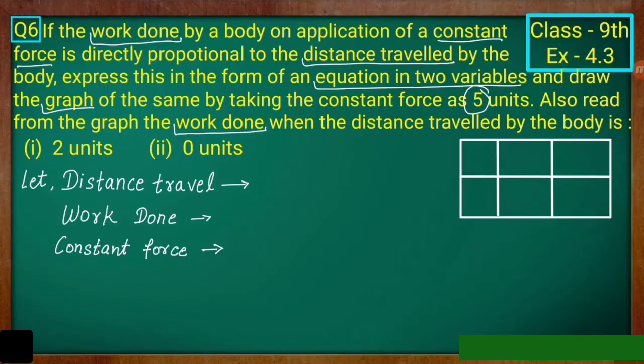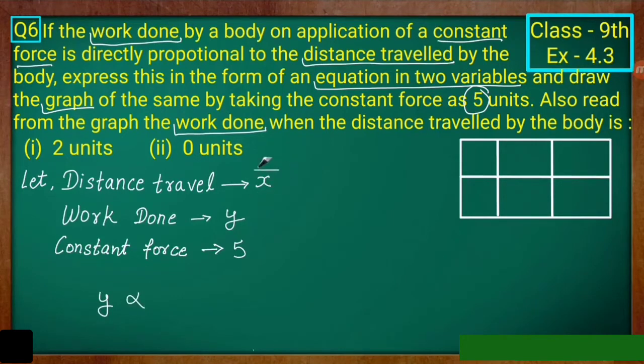Let distance covered be x, work done y, and the constant force is 5 units. Again I am repeating, distance is x unit, work done y unit, constant force is given to us that is 5 units.